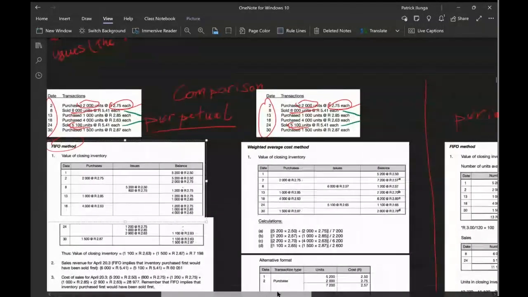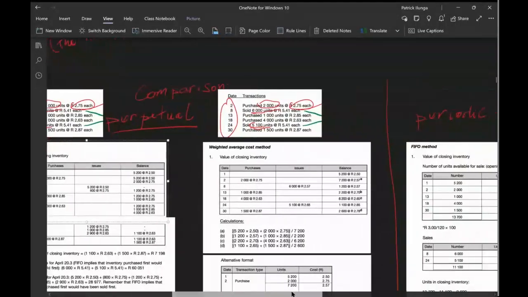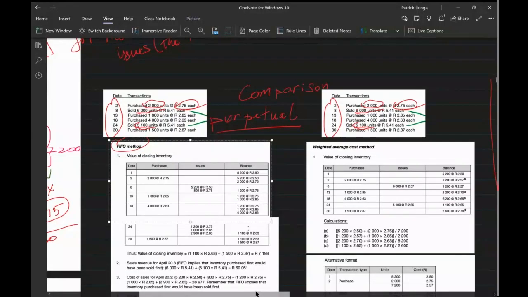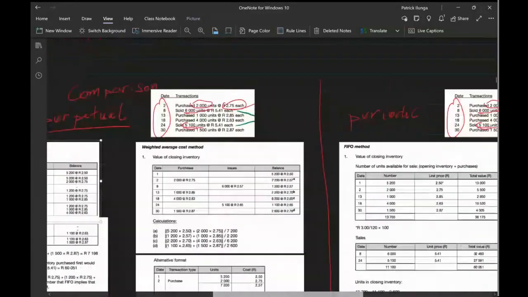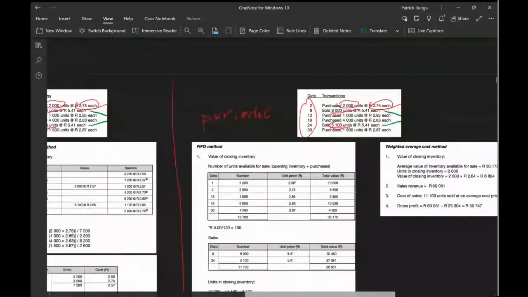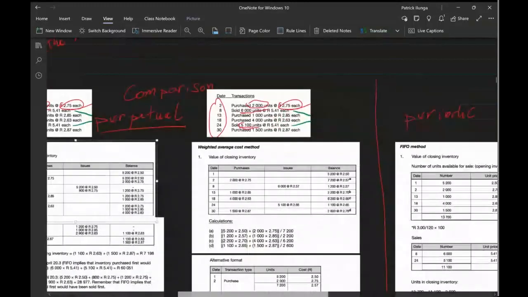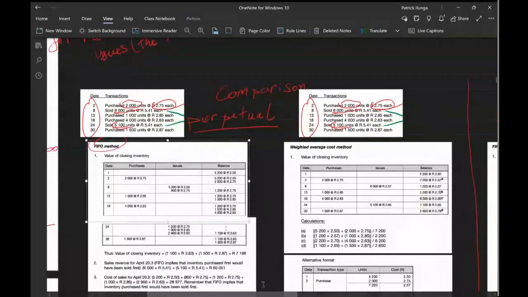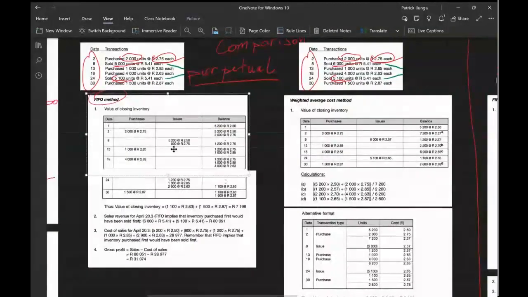I've put it so as to give you an easy way to see the difference between one method and the other, one inventory system and the other. This is just me providing you. So you might not get such a long question, but does it really matter? It doesn't matter. What we want you to know is, do you know how to do this calculation?